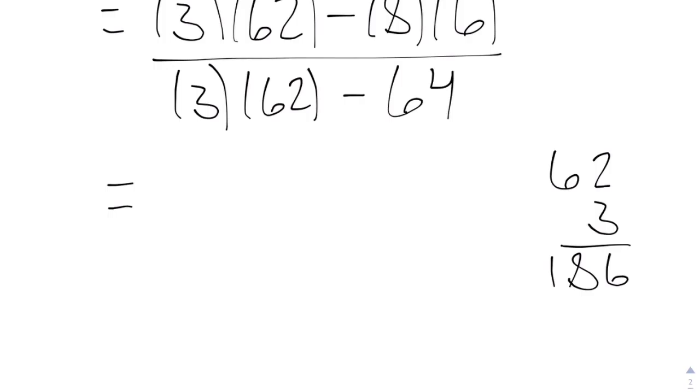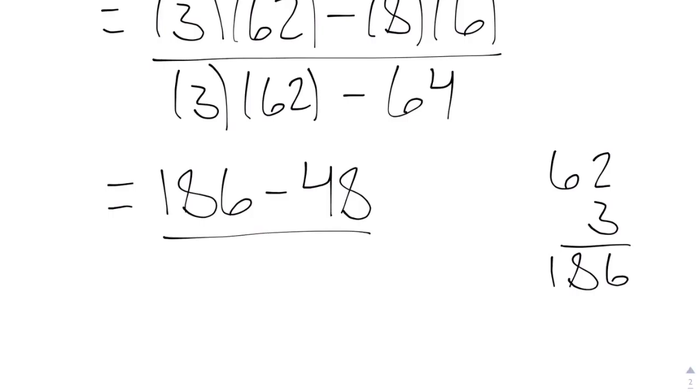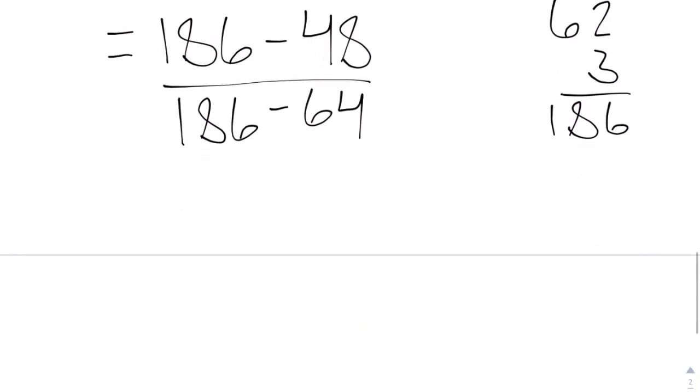So 186, minus, what's 8 times 6? 8 times 9, 54, 48. Divided by 3 times 62, right here, is 186. We just did that. Minus 64. Okay? And all we've done is really just multiplication. We haven't really done anything. Okay? So let's keep going.